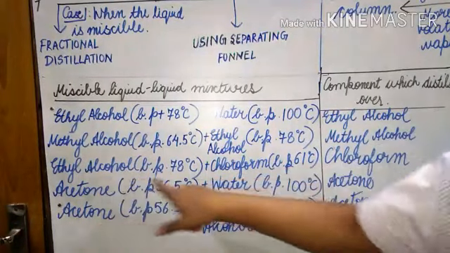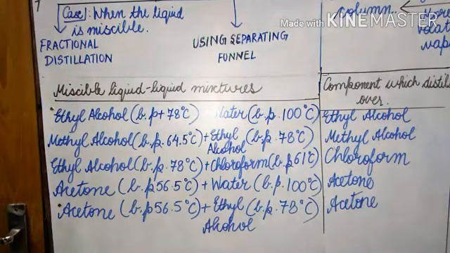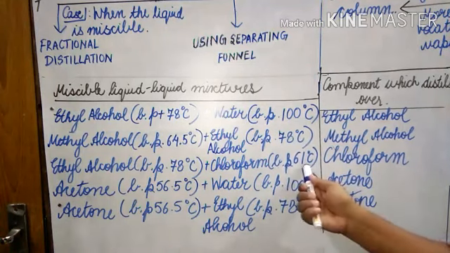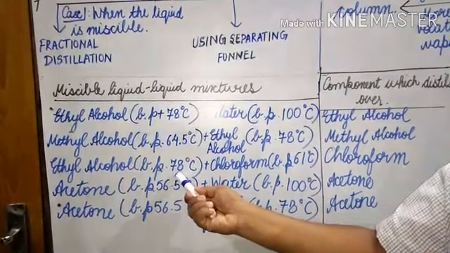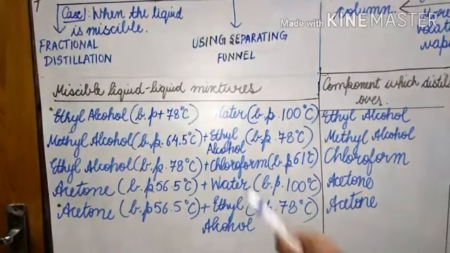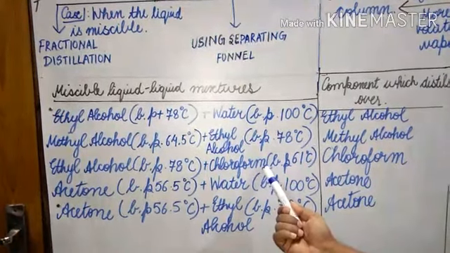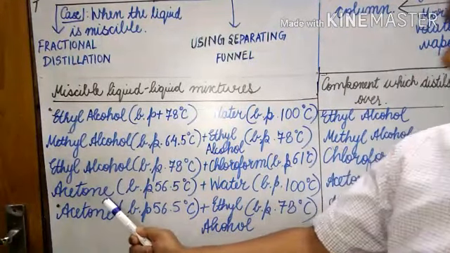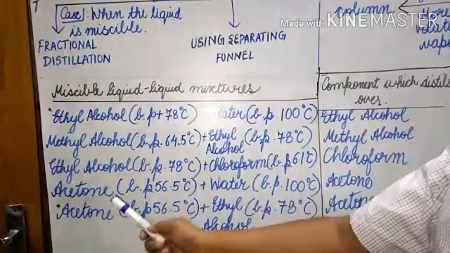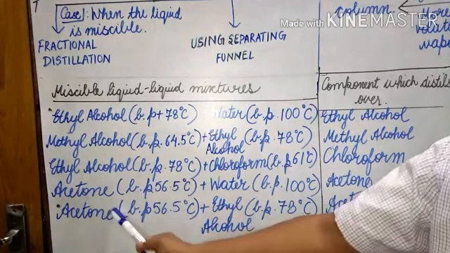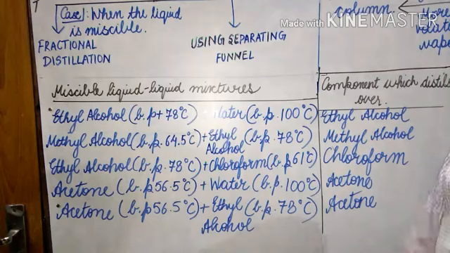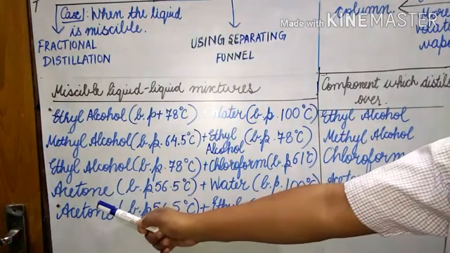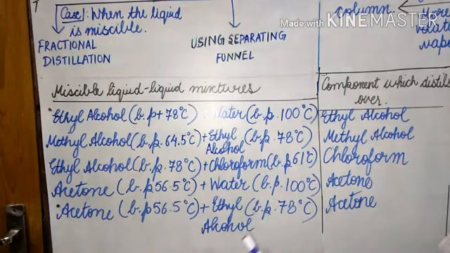In the third one, ethyl alcohol and chloroform. Just have a look. Chloroform has a boiling point of 61 degrees Celsius and ethyl alcohol has a boiling point of 78 degrees Celsius. So which will distill over first? This chloroform, because it has a lower boiling point. Now if we go for acetone, these are all organic compounds. Only this much you want to know. You don't need to know the structure and the formula. Acetone is an organic compound. Acetone plus water.